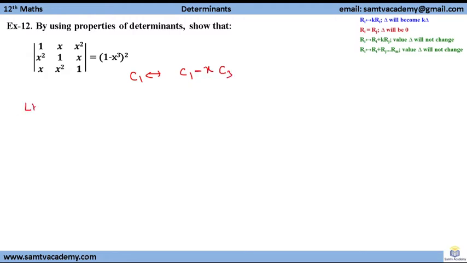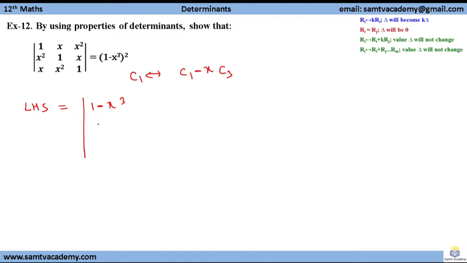So what will we get? We will get first 1 minus... x is multiplied in this column and then subtracted. So we will get x, 1 minus x cube, and C1.